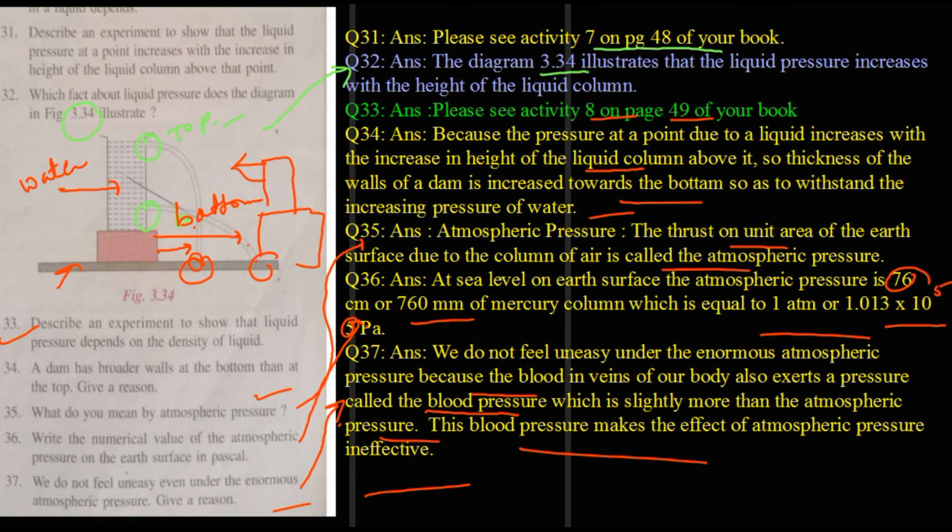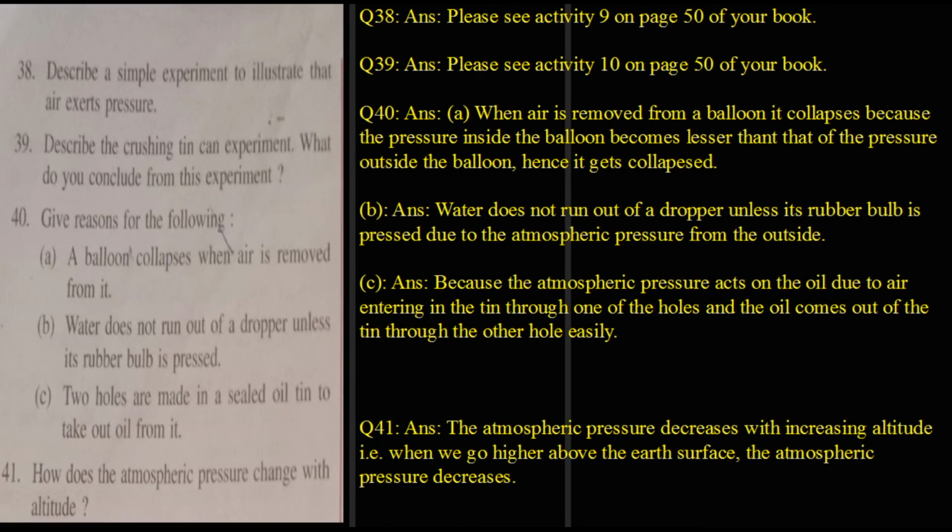So this is a gift of nature to us. Next is question number 38. Describe a simple experiment to illustrate that air exerts pressure. For this, see activity 9, and for question 39, activity 10 on page 50, right?